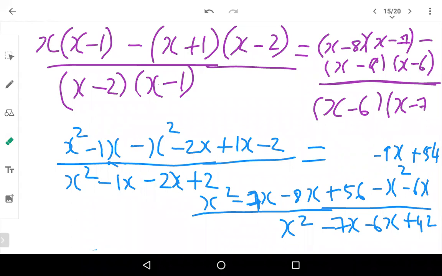So now we are supposed to simplify. We are supposed to simplify the equations where we have x and all that. Let us finish that. Now next step.